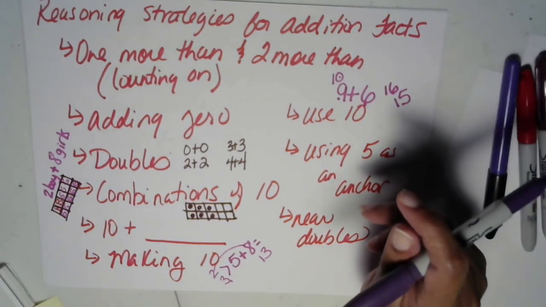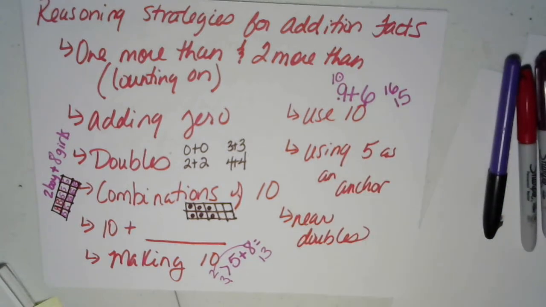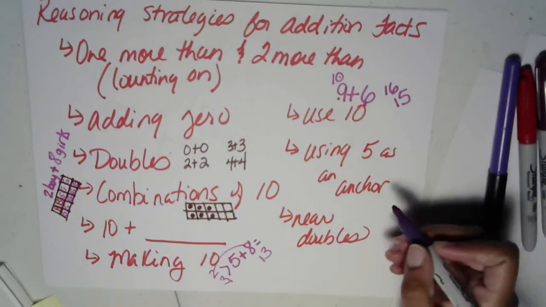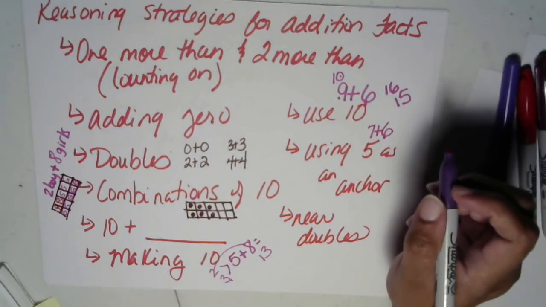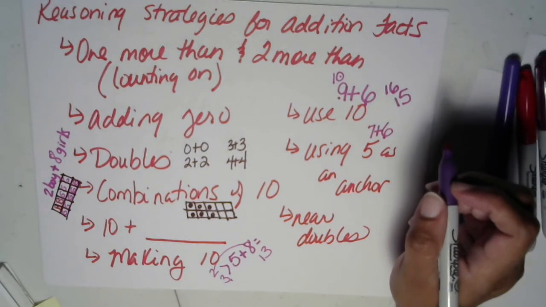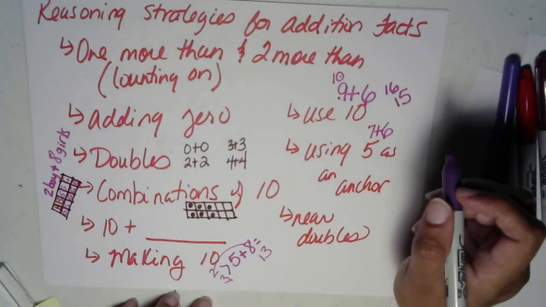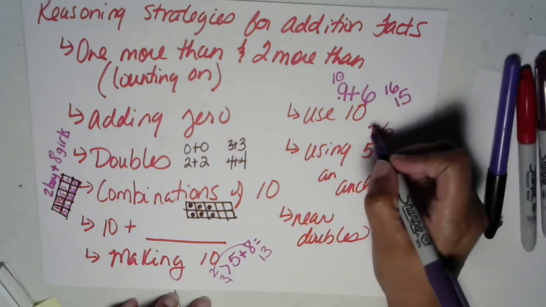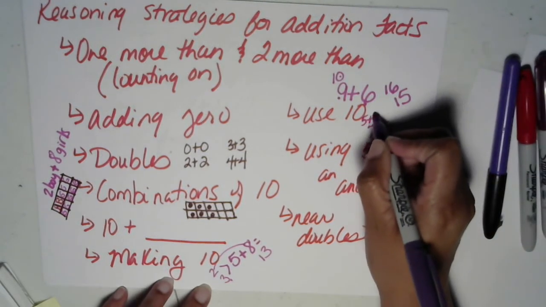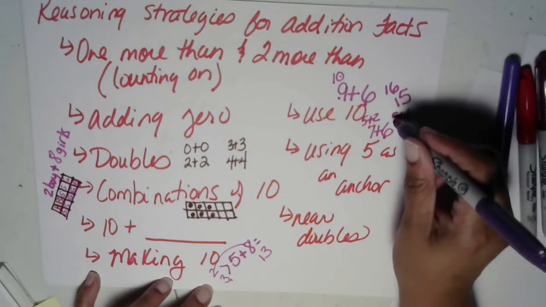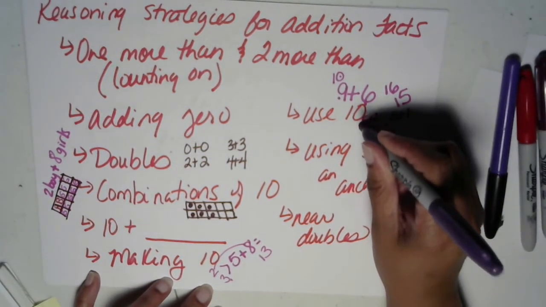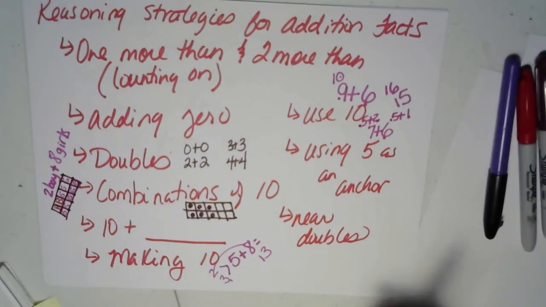I can use 5 as an anchor. Using 5 as an anchor means looking for 5s in the numbers in the problem. For example, 7 plus 6. A student may see this as 7 is 5 plus 2 and 6 is 5 plus 1, 5, 10, 11, 12, 13.